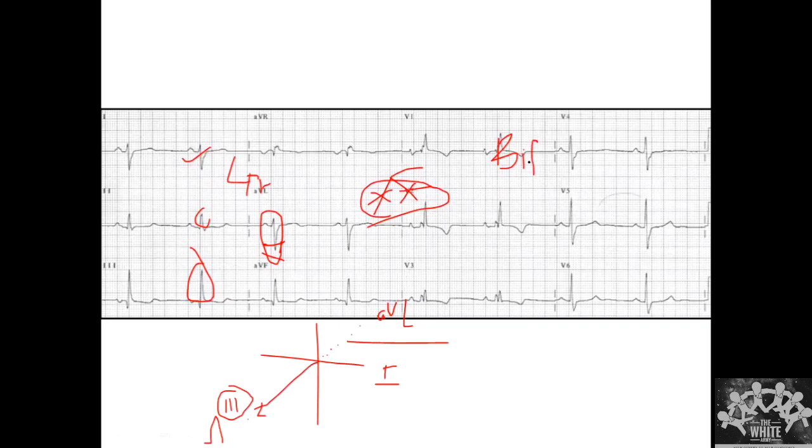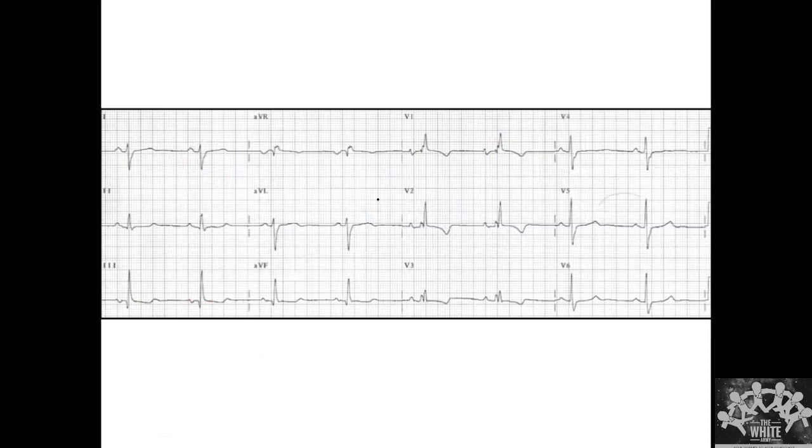It can be either of the two: RBBB with either left anterior or left posterior. Both are called bifascicular blocks. Okay. Clear with this?